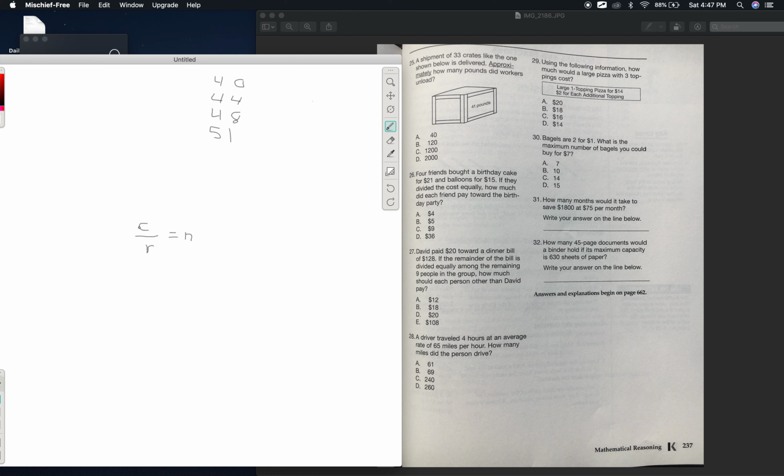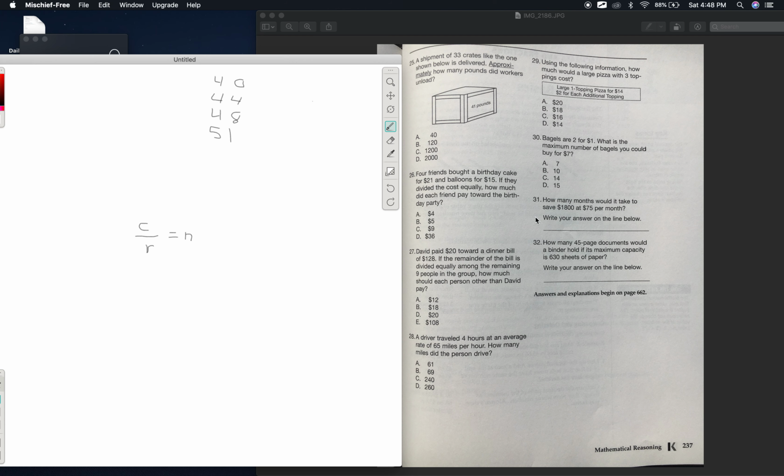You would divide the cost by whichever variable that you know, which in this case is the price per unit, which is 75, or price per month.